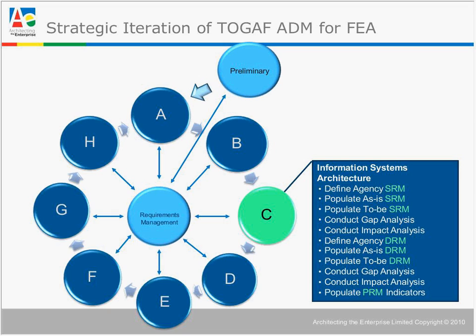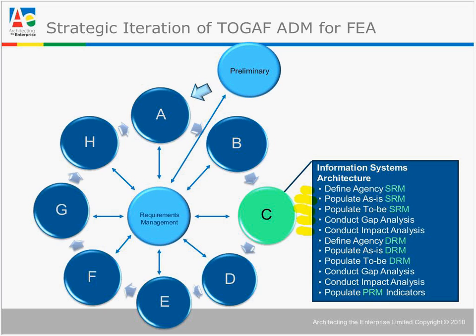So here we are first defining our agency SRM and populating it. Remember, SRM is the service component model. Populating our to-be, conducting a gap analysis, conducting an impact analysis.